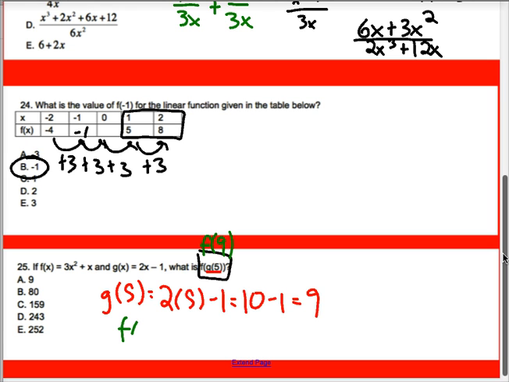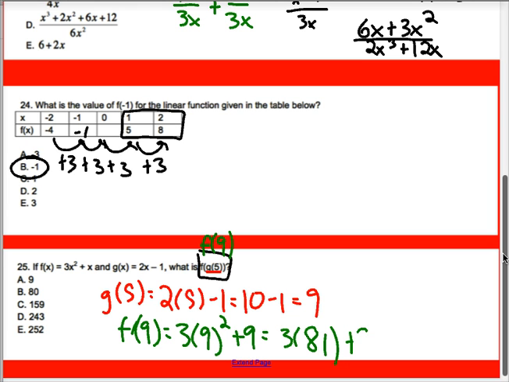So f of 9, so 3 times 9 squared plus 9. So 3 times 9 squared is 81 plus 9. When I do all of that, I end up getting 252, or that is going to be option E.